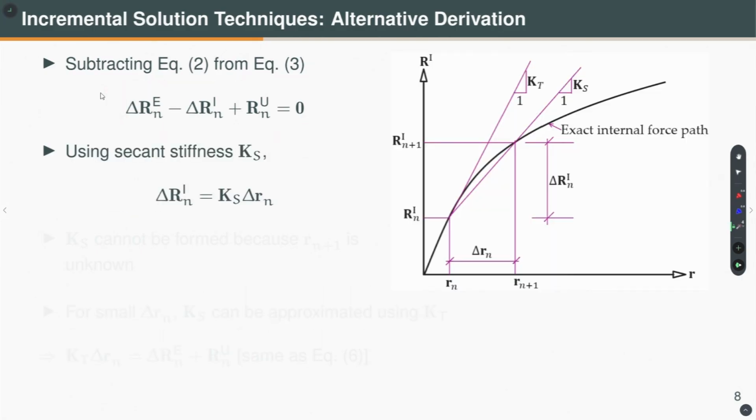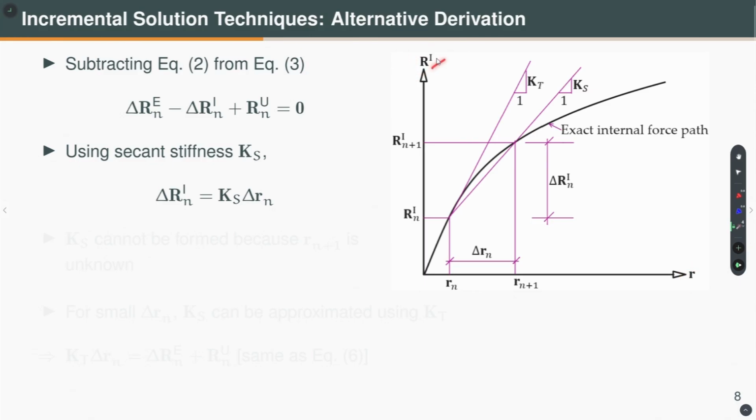So, what we can do, let us consider that this is my internal resisting force vector and this is my displacement vector. Now, I am showing a 1D plot, where this is just a scalar and this is a scalar, and I am using boldface to remind us that these can be vectors. So, it is easy to demonstrate for a 1 degree of freedom problem.